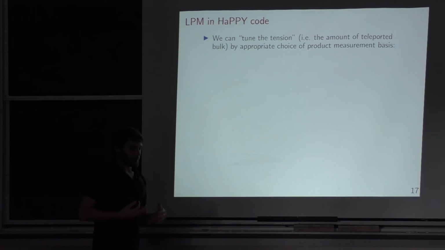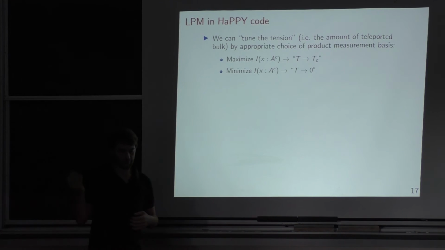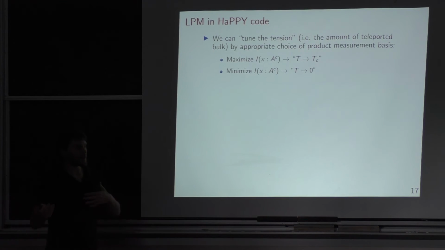And we see that we can essentially tune the tension by choosing the measurement basis, just like it happens in the 513 code. If you want to tune the tension by performing some measurement, you can search over measurement bases and try to minimize or maximize this mutual information between bulk qubits and boundary after the measurement.